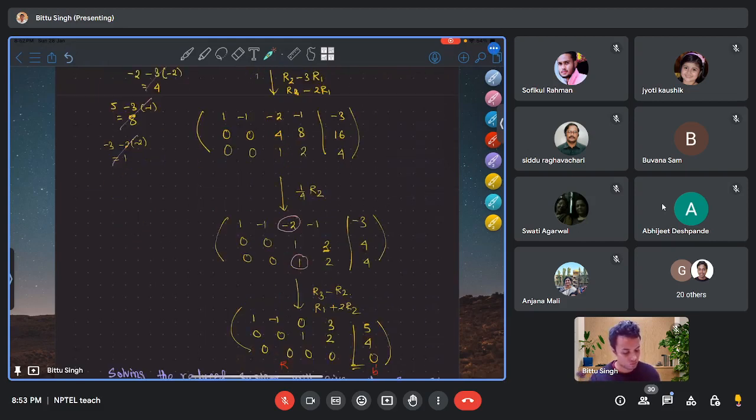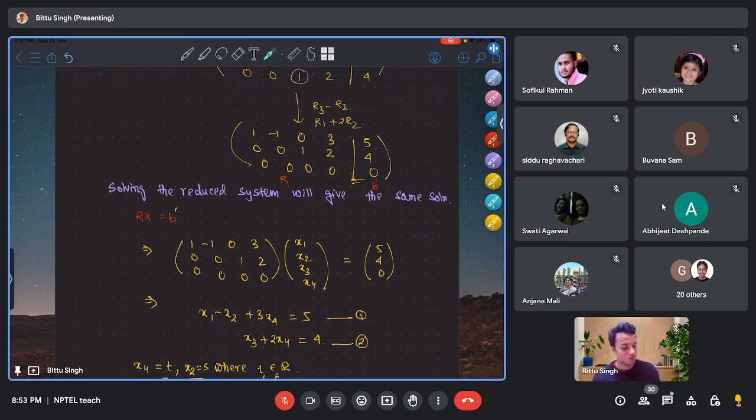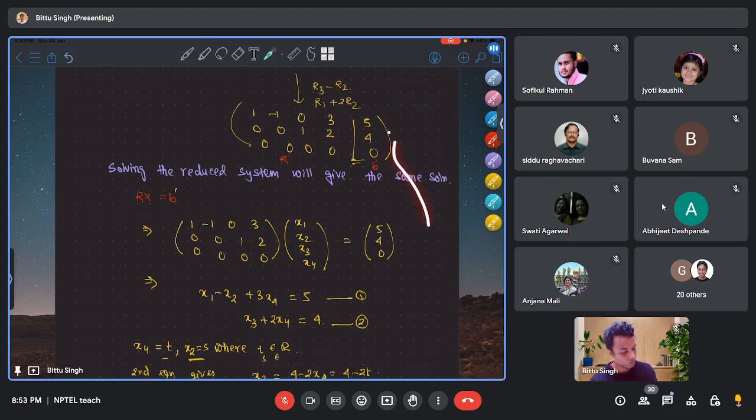This is what we are trying, and after several steps it becomes a row reduced form. Now, when you get the row reduced form, it is almost done. So again, we will convert this into our form, that is 1 minus 1 times this, which is the same as 5.